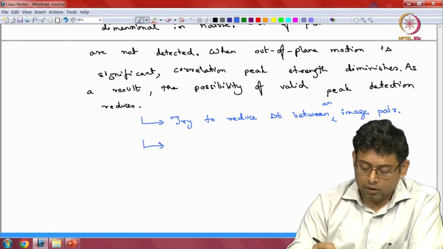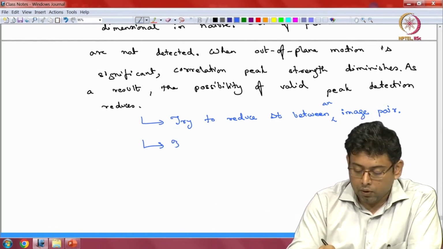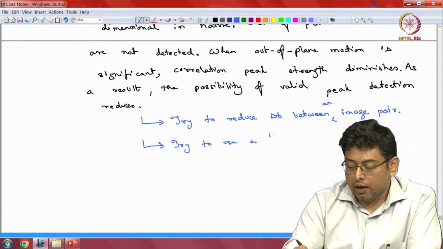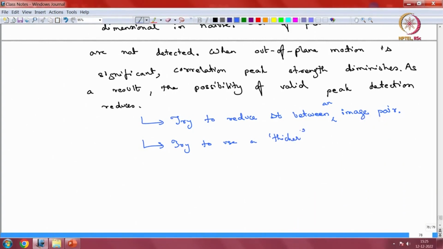So one other thing could be to try to use a thicker, and I'm just going to put thicker in quotes because what exactly is thicker is something you have to decide in a given situation, laser sheet to accommodate out-of-plane motion.